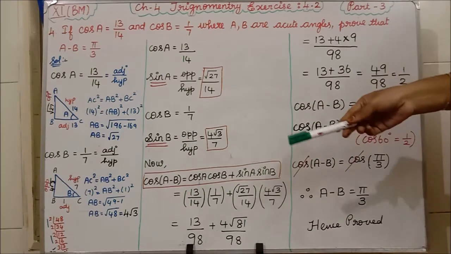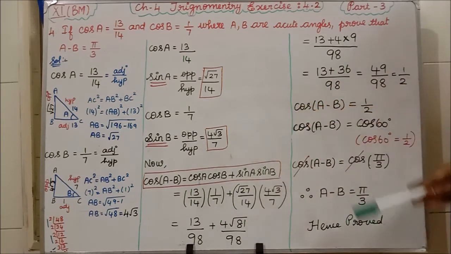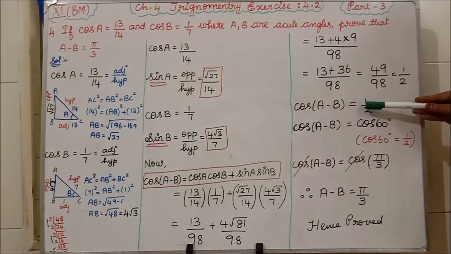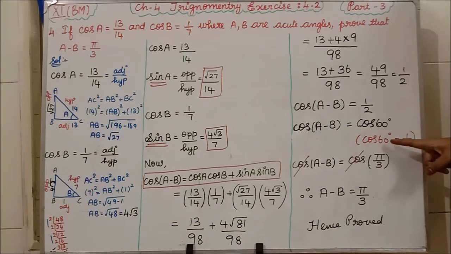Okay, on the left hand side what do we have? cos(A minus B). So cos(A minus B) is equal to 1 by 2. In the tabular values, when the cos is 60 degrees you will get 1 by 2. Isn't it?